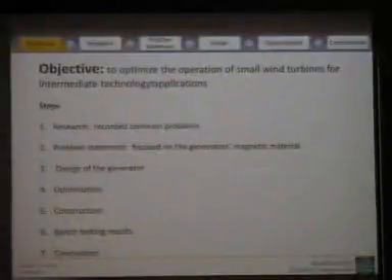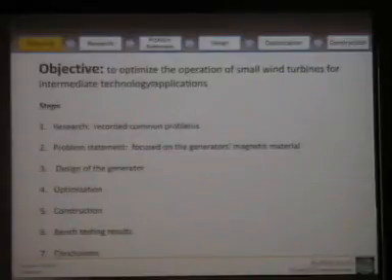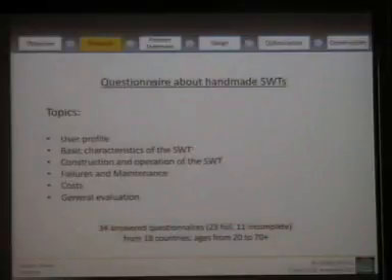So in the beginning of this project, our objective was to optimize the operation of small wind turbines for intermediate technology applications. And the steps that we took were research, problem statement, design, optimization, construction, bench testing, and conclusions. Initially, we created a questionnaire about handmade small wind turbines.